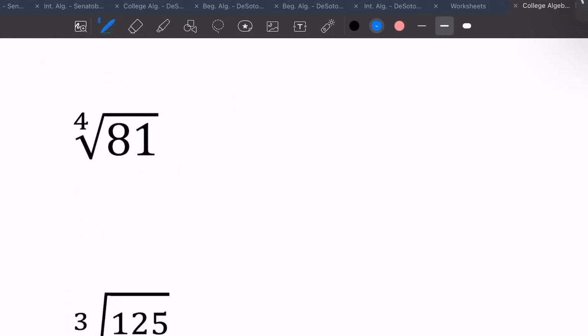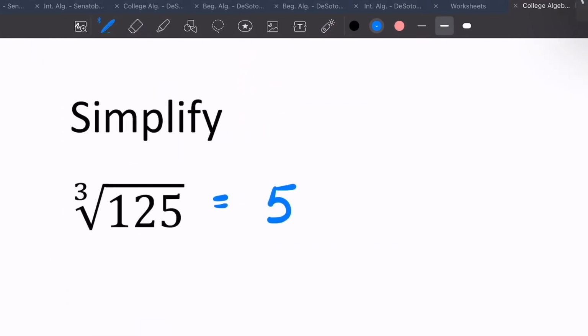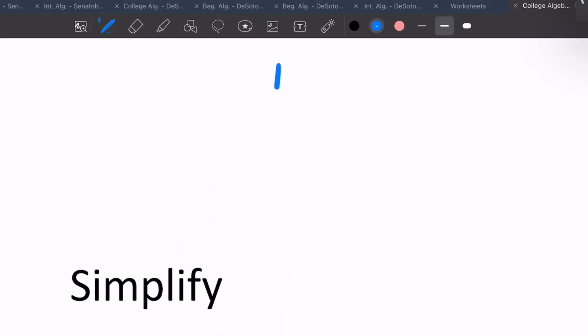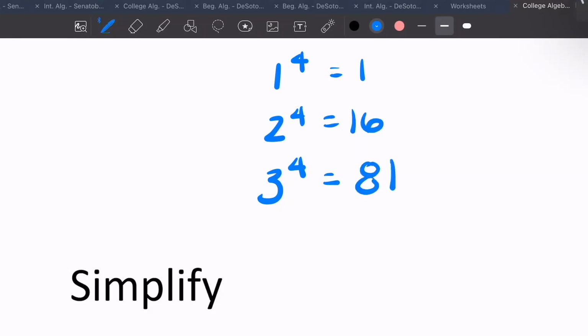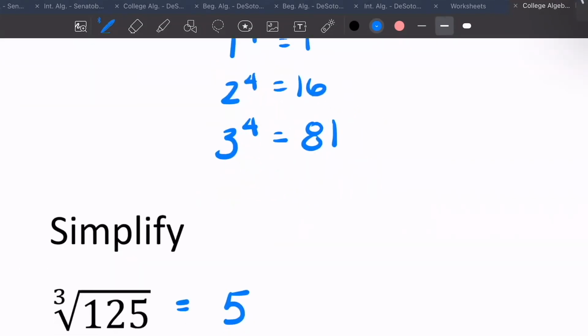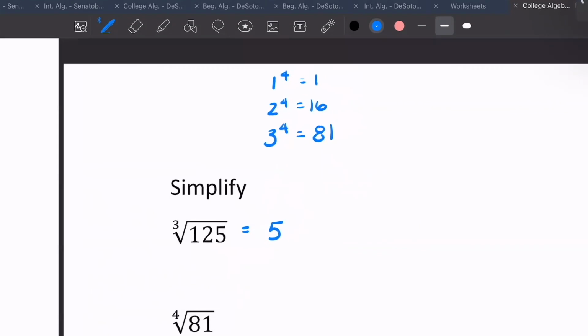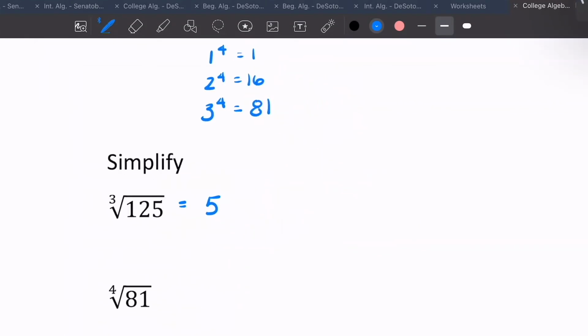The fourth root, we can write out some fourth powers. 1 to the fourth is 1, 2 to the fourth is 16, 3 to the fourth is 81. So the fourth root of 81 is 3.